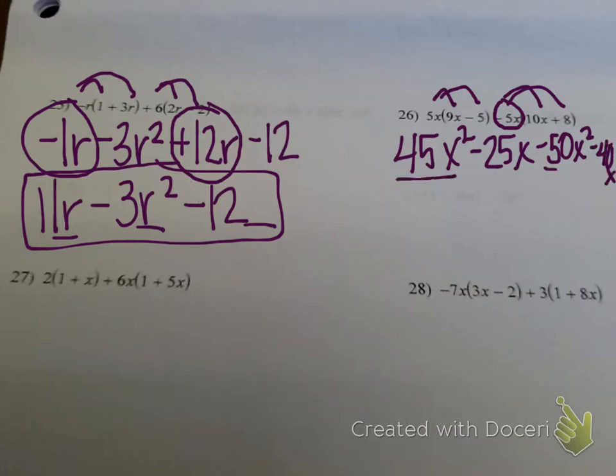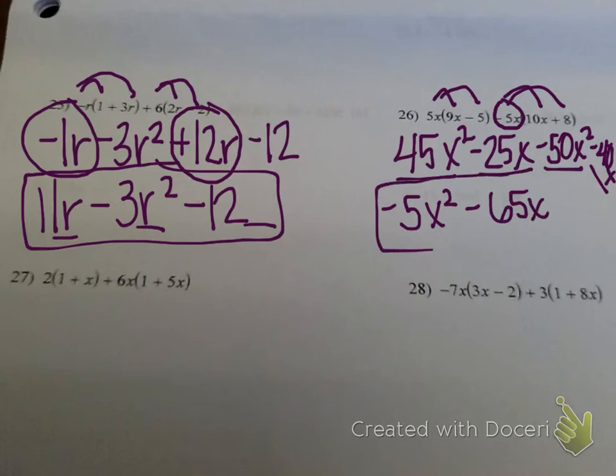So I can combine 45x squared and negative 50x squared and get negative 5x squared. Negative 25x and negative 40x make negative 65x.